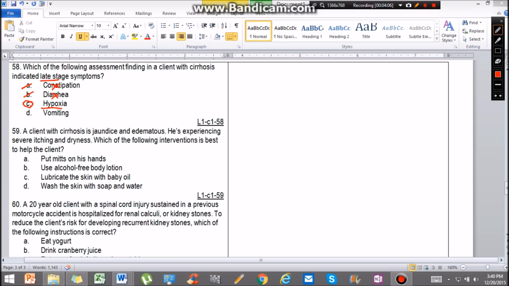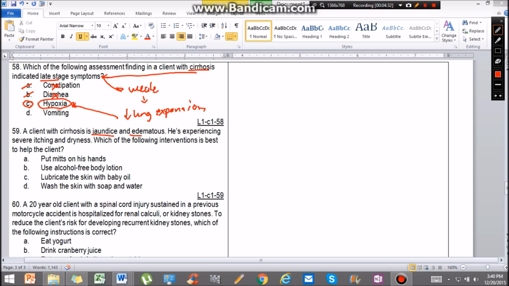In a client who has cirrhosis in the late stage, the client is expected to be very weak already. And a weak client will have decreased lung expansion. And if there's decreased lung expansion, the client is prone to hypoxia.